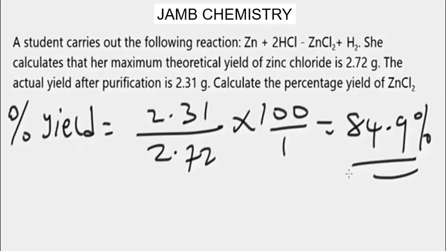All right, so it compares what we think we should get, theoretical yield, with what we get in practice. That's the actual yield. Okay, so that's the basic or general information you have to know about percentage yield for your chemistry. Now just take notes of this formula and you'll be good to go.